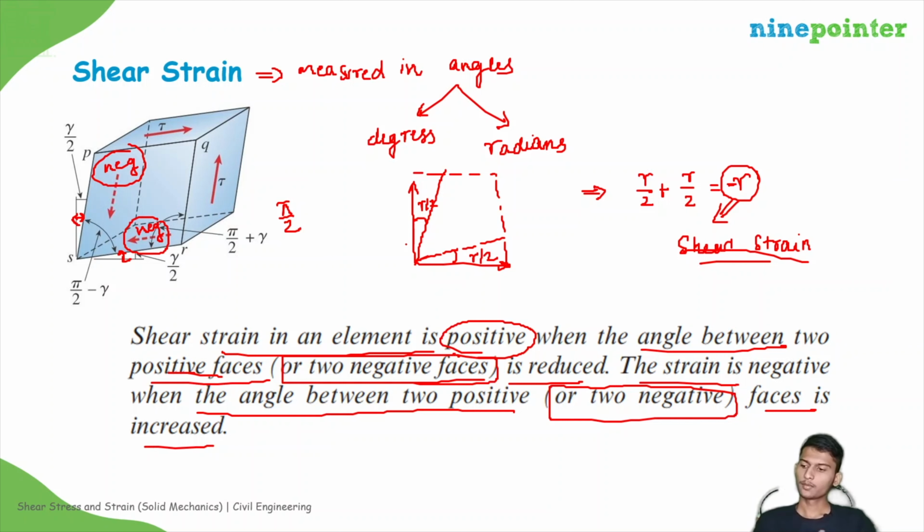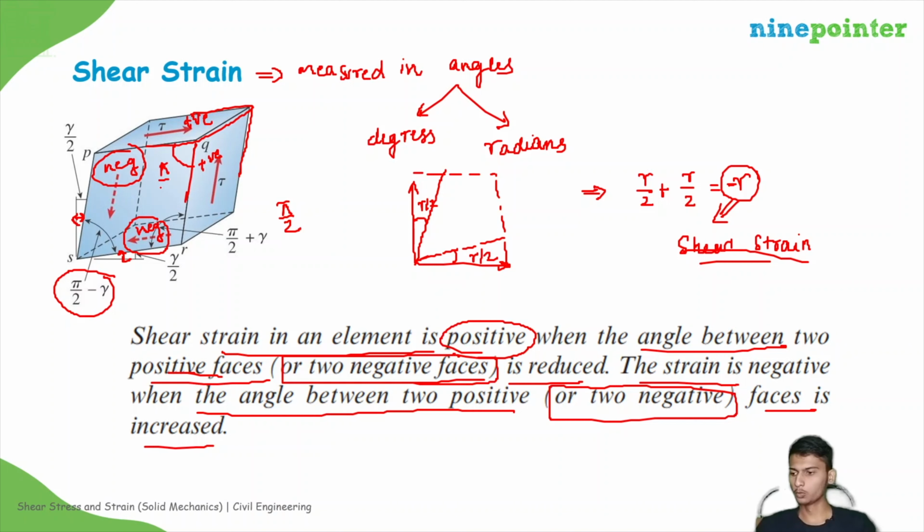So you may say that if you consider any two positive surfaces in this example, there should be an increase in the angle. You can see over here, this is pi by 2 minus gamma, right? These two are positive surfaces. If you take these two perpendicular surfaces, the change in angle between them is also a shear strain. The opposite angle should be 180, so how much should this be?